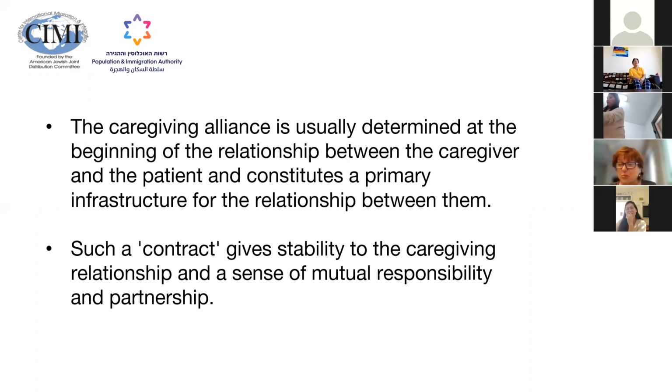You want to make a good impression. You have to be nice in the beginning. Always be nice, but especially in the beginning. Such a contract gives stability to the caregiving relationship and a sense of mutual responsibility and partnership, right? Once they know you, they're going to love you. They're not going to want to give you up, but it is a process, right? So be patient.